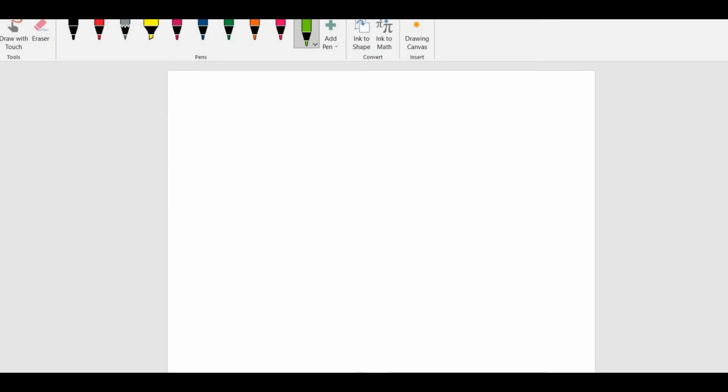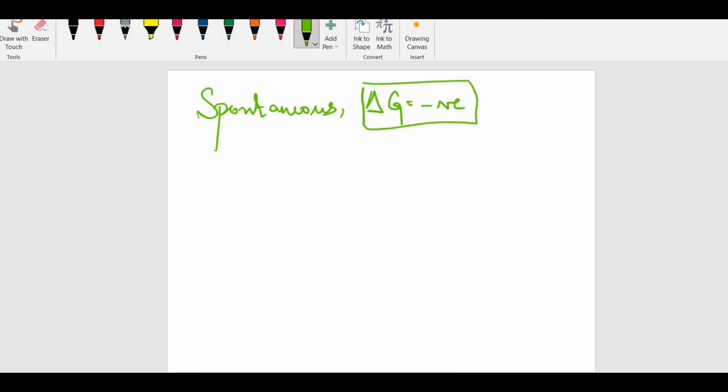Alright. So what do we know about spontaneity? A reaction is spontaneous when there are 2 criteria, right? One is your delta G, that is Gibbs free energy, should be negative. This is the primary criteria for the reaction to be spontaneous. Now coming to randomness, since it is mentioned here, there are 2 values mentioned.